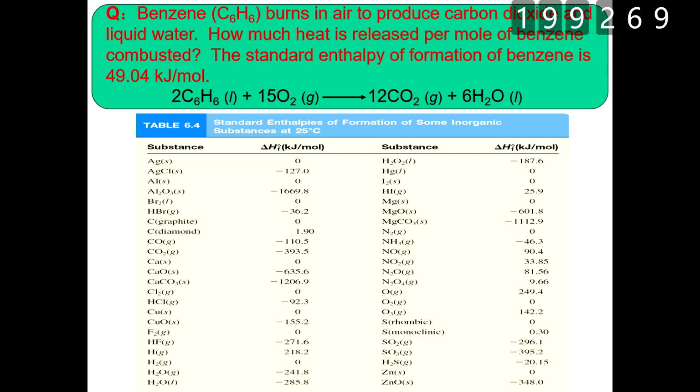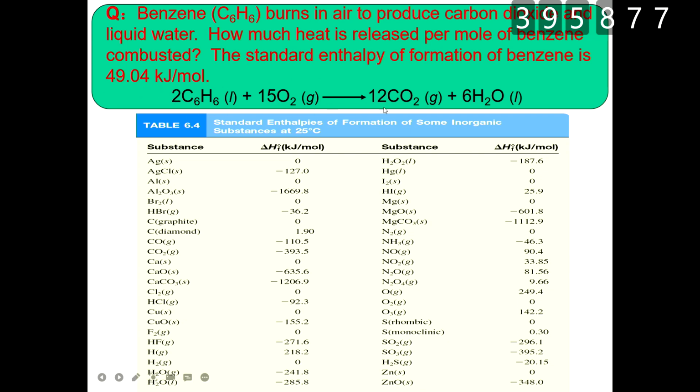So, a question. Benzene burns in air to produce carbon dioxide and liquid water. How much heat is released per mole of benzene combusted? We know this is the reaction. It is balanced. And here we are told the standard enthalpy of formation of benzene is this number.